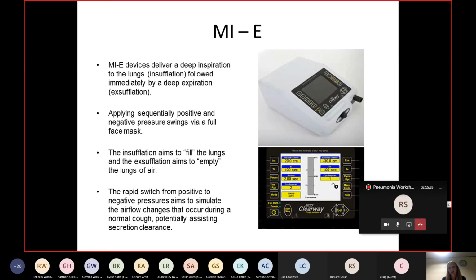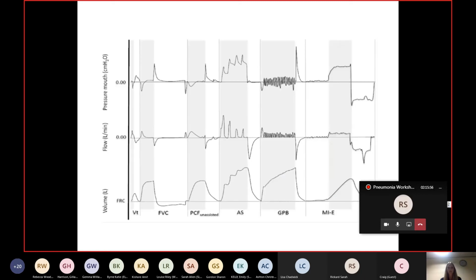It can also be attached to a tracheostomy tube as well. The insufflation aims to fill the lungs and the exsufflation aims to empty the lungs of air. The rapid switch from positive to negative pressures aims to simulate airflow changes that occur during a normal cough, with the hope of moving secretions.